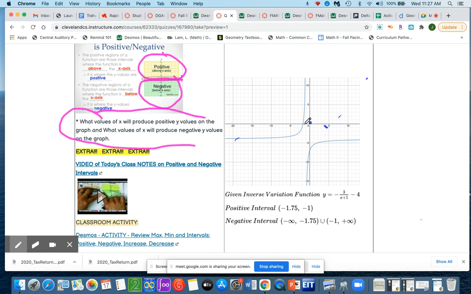The asymptote is right here at -1. I guess you can see it better on your screen. That is the asymptote. That's the one value of x that divides the left and the right branch there vertically. Okay, that makes sense so far?